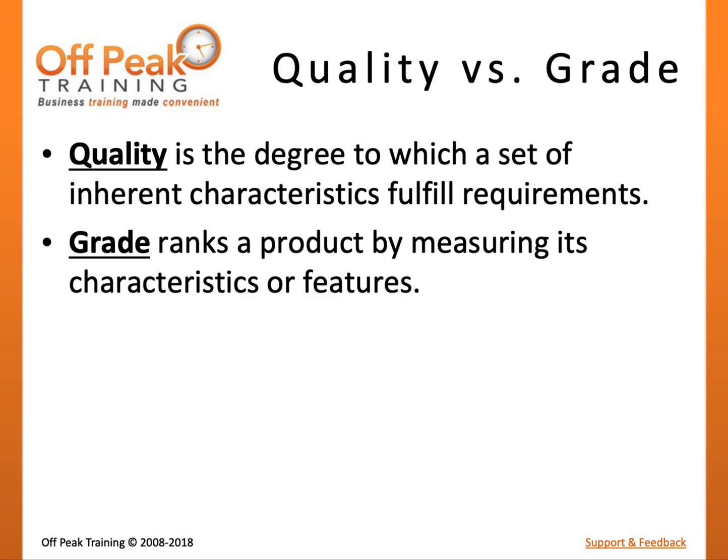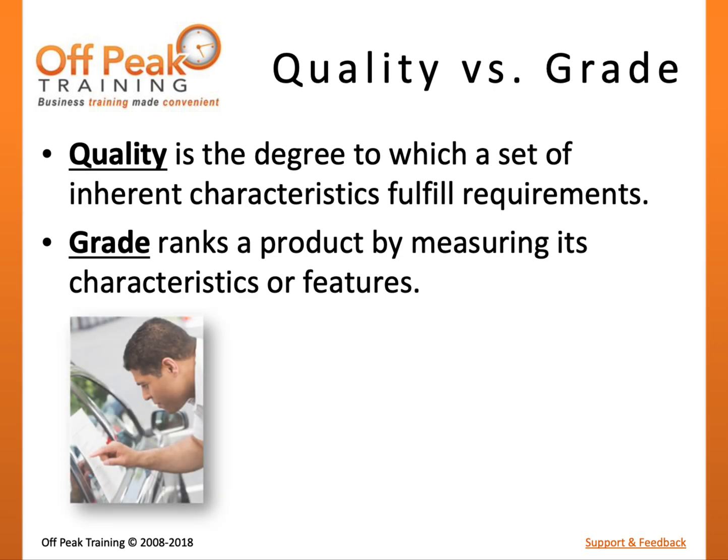Grade ranks a product by measuring its characteristics or features. For example, if you went to a car dealer and looked at two different trim levels of the same model car, one had a basic set of features and was moderately priced, while the other had significantly more features, bells and whistles, and a higher price tag, we could say that those two cars are of two different grades.